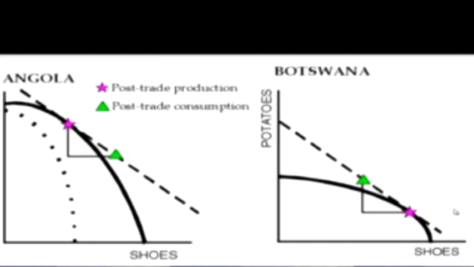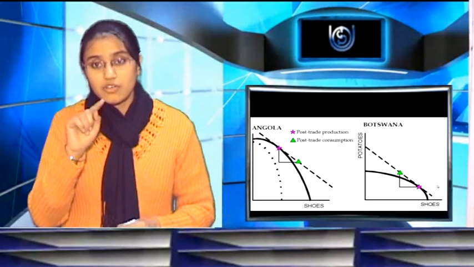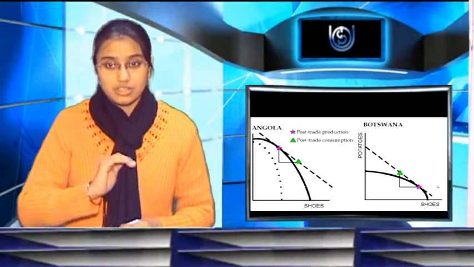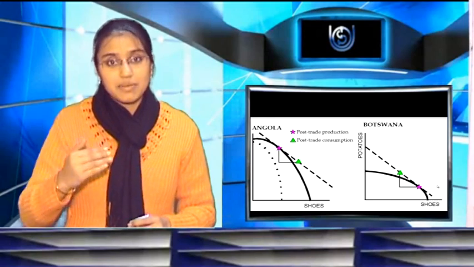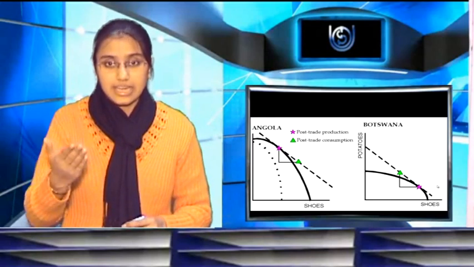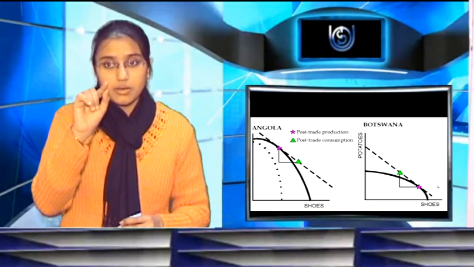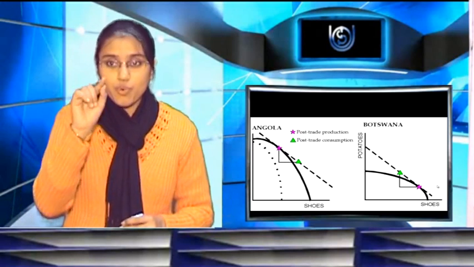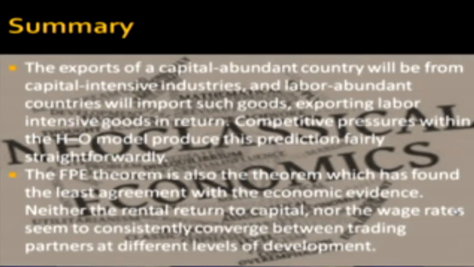Again we can see a shift in the curve. The pattern of the curve changed and it is an extension because now consumption has increased, and at the same time demand is obviously going to increase. That is why there is a shift. So that comes to post-trade production and post-trade consumption. The same will happen with country B in the case of potatoes.